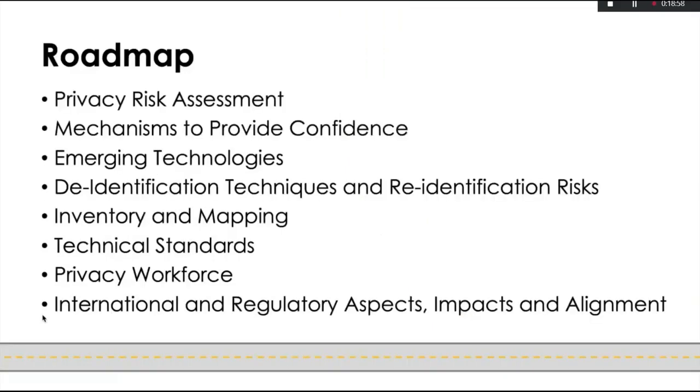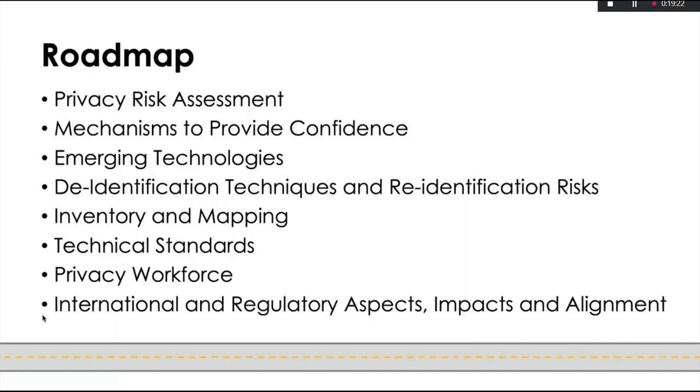Briefly, I wanted to touch on our roadmap. Similar to the cybersecurity framework, we've created a companion roadmap to the privacy framework. And this roadmap captures priority challenges and gap areas for organizations, as well as activities to help address those challenges on topics ranging from emerging technologies like AI, artificial intelligence, to privacy workforce.